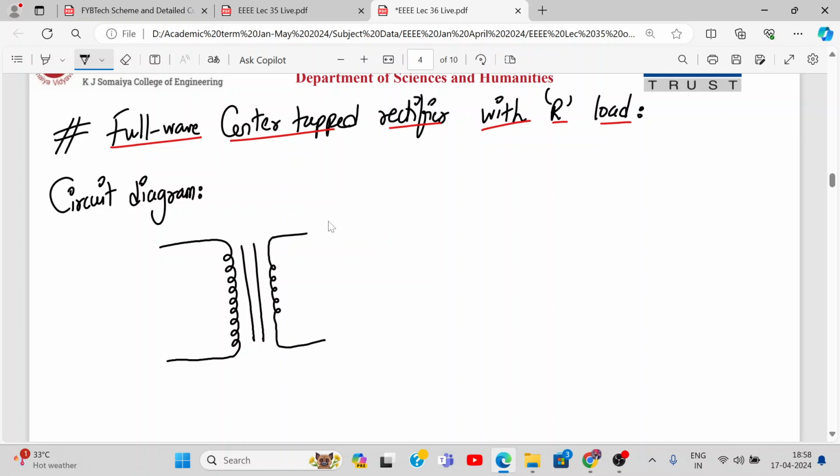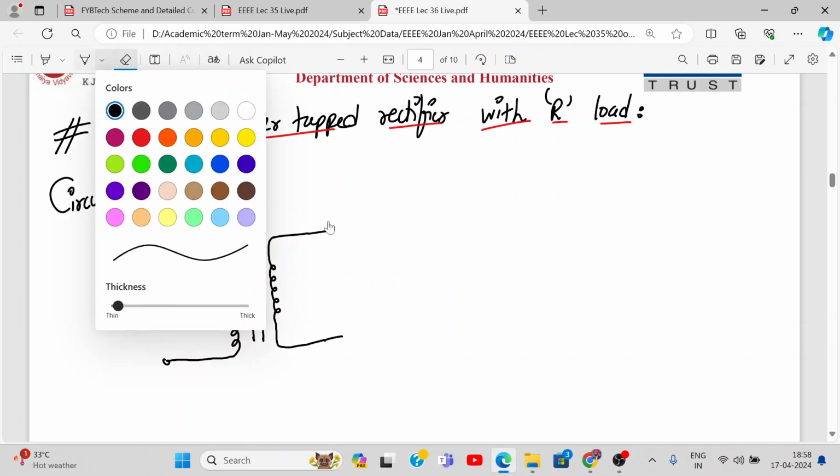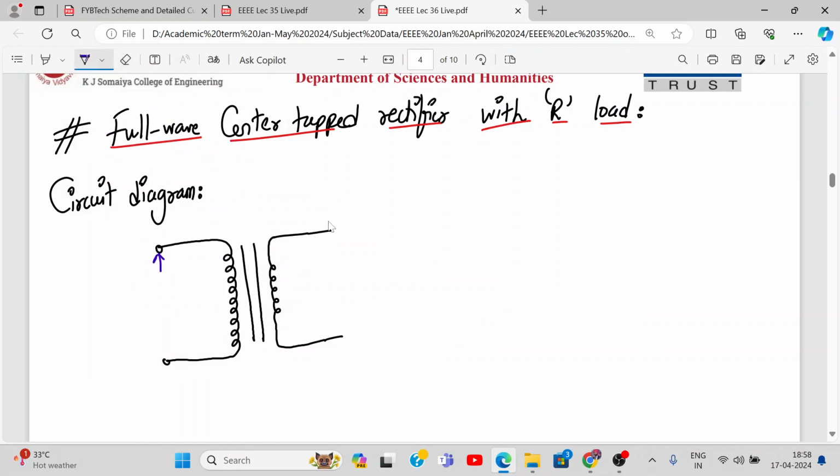These are secondary windings. This is my AC mains.